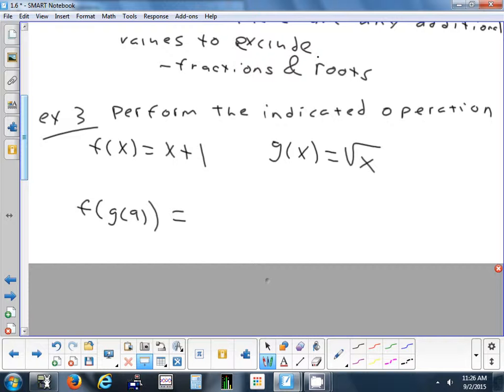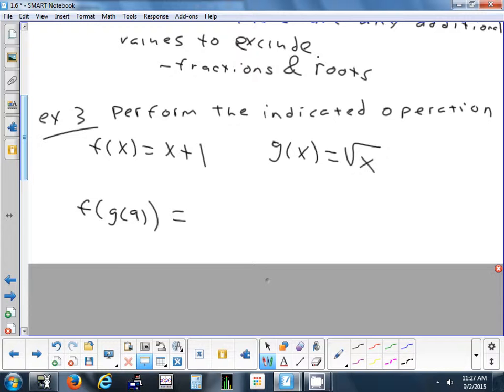All right, so John, what's the first thing I'm going to do here? I'm not sure. So you're going to start with the inside function. And how would you figure out what that inside function is? Then it's square root of x. Yep, you're going to use the square root of x function. What would you plug into it? The 9.